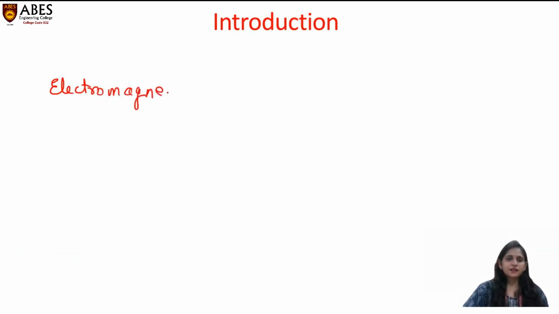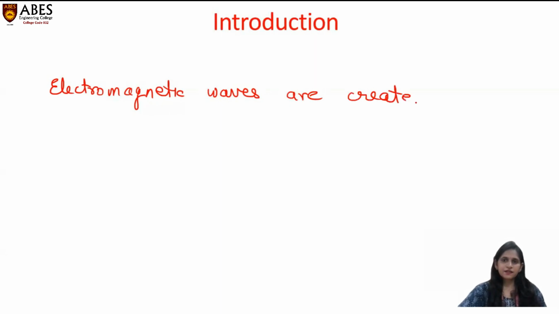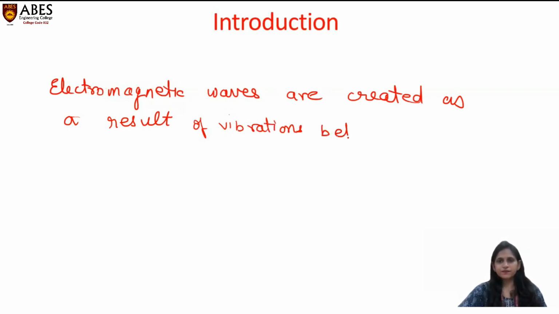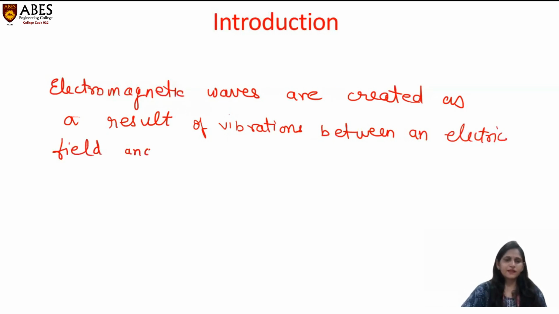Electromagnetic waves are created as a result of vibrations between an electric field and a magnetic field.